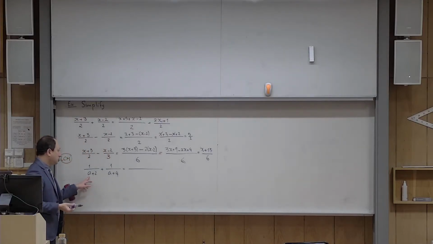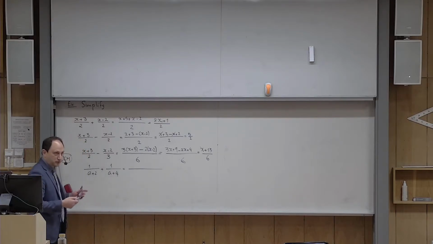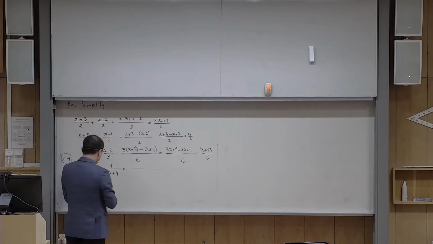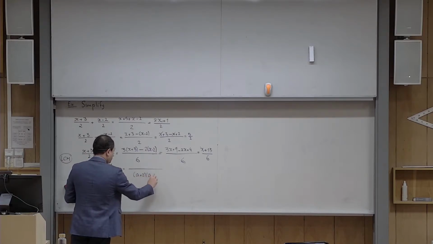What is the common denominator between these two? You want an algebraic expression so that it is divisible by each one of them simultaneously. Yes? You multiply them. But this is important to understand. This is not always the correct answer. But here, yes. So the correct answer here is a plus 2 times a plus 4.